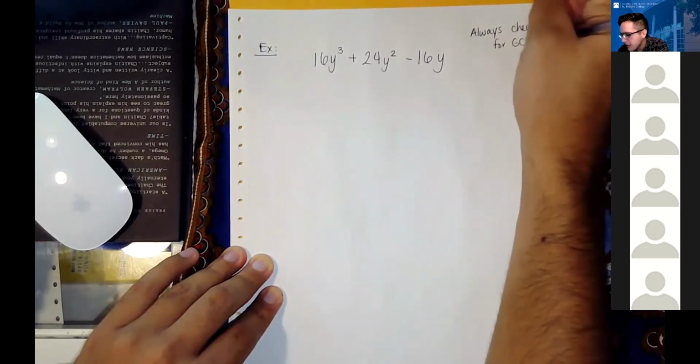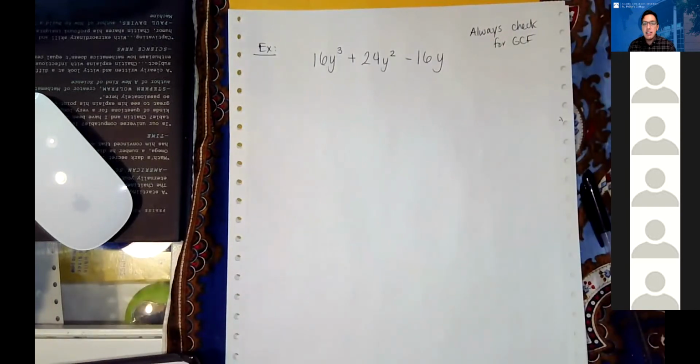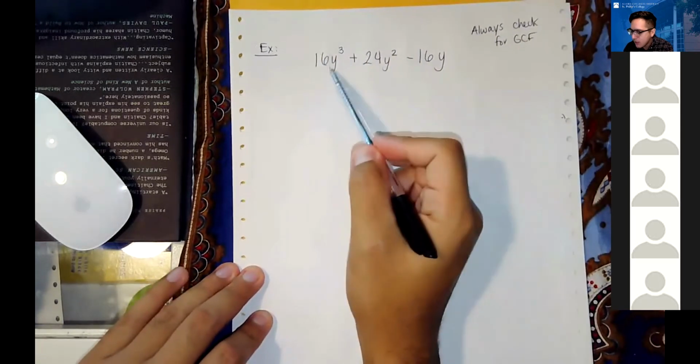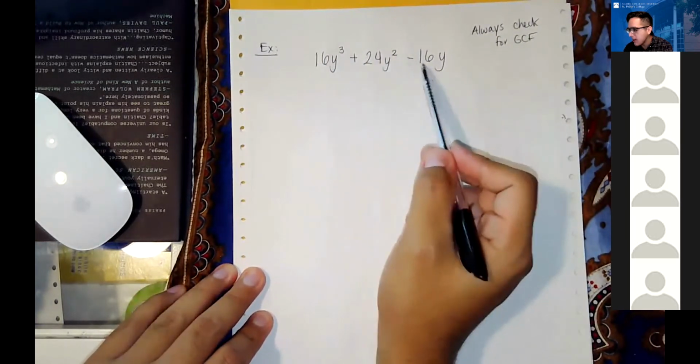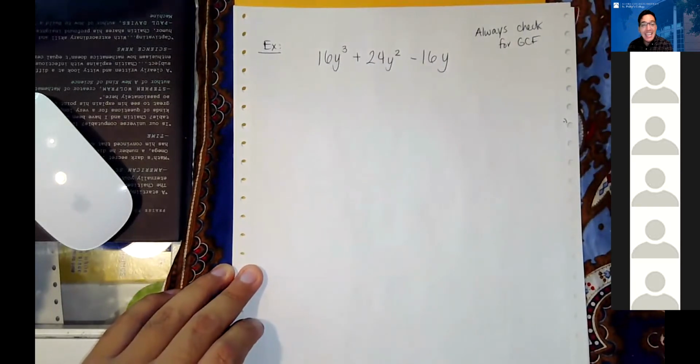Always check for a GCF. And in this case, if we factor out the GCF, we won't have to multiply 16 times 16 and get some outrageously large number. It looks like 16y to the third, 24y squared, negative 16y, they all have an 8 in common and they all have a y in common.